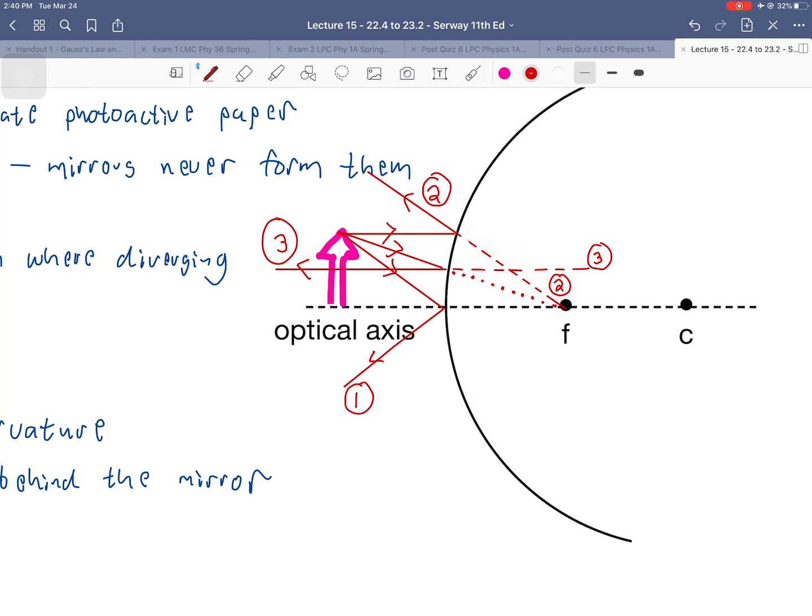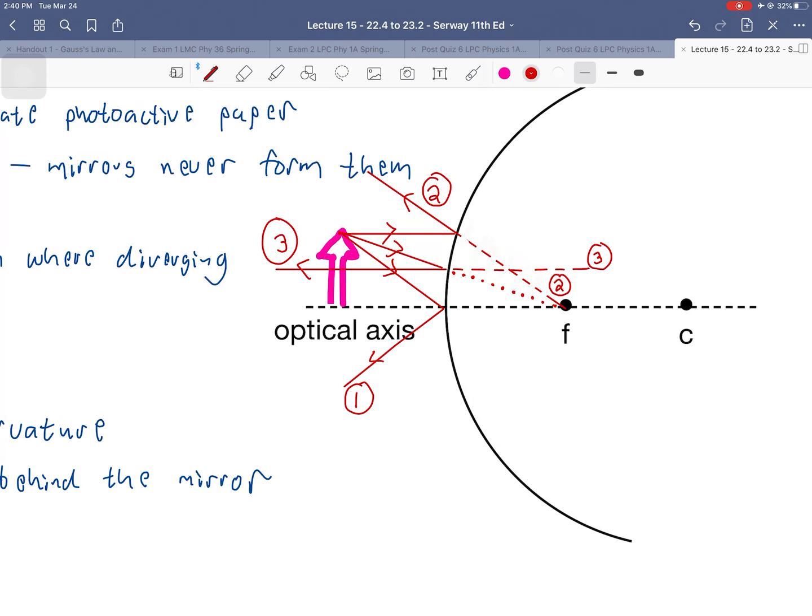Both being continuations of the reflected ray, because it's only the reflected ray that the human eye is going to actually be able to see, because our eye is taking in all those divergent rays and then continuing them to a point where the image appears to be located. It's like our brain is processing that information. It's saying, okay, well, all these rays are coming at different angles.